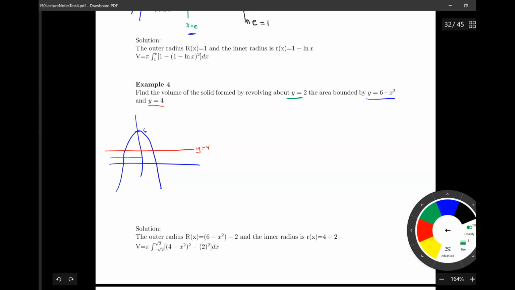So y equals 2 is here. Okay, so let's get some black dots going of what is the area that I'm spinning. I'm revolving this area. And this green line is the center line. That is the center.